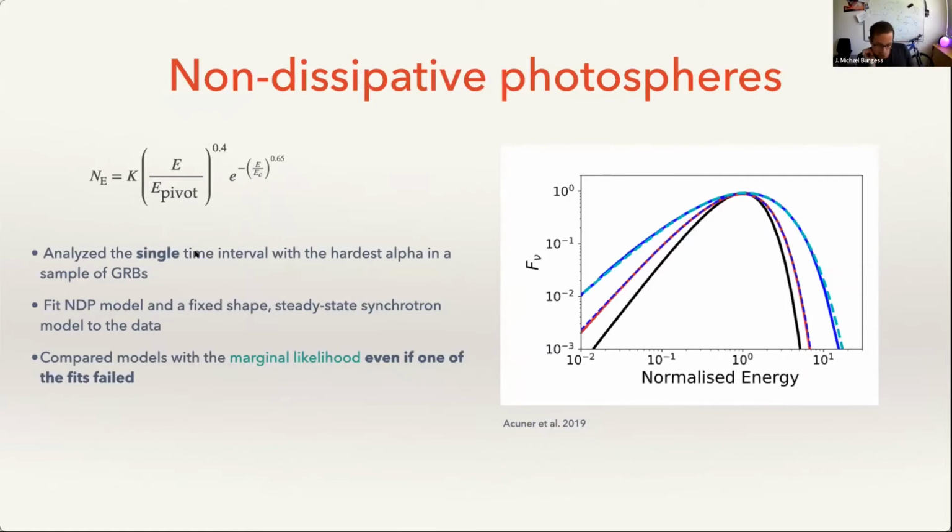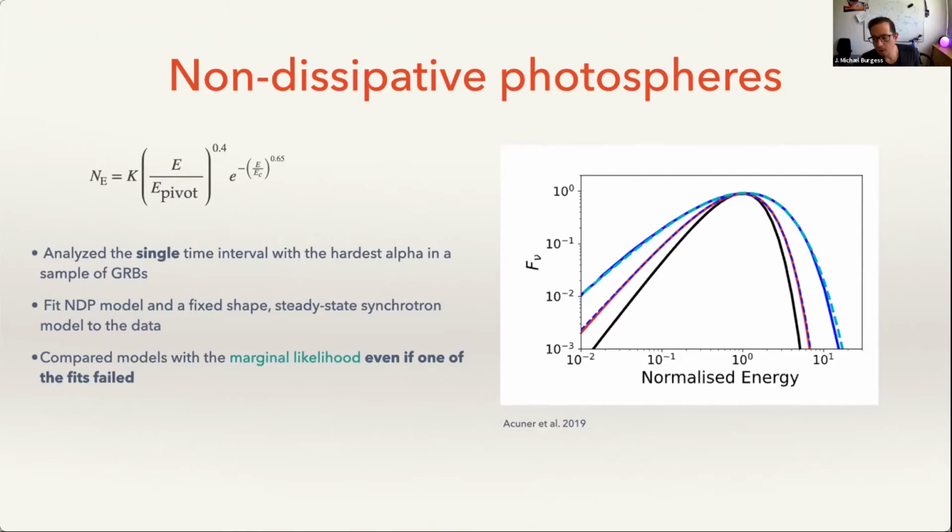But the claim that a quarter of GRBs could be coming from this model needs to be tested. Because in that study, they analyzed a single time interval in a set of GRBs, and that single time interval corresponded to the spectrum that, when fit with a cutoff power law, had the hardest alpha.